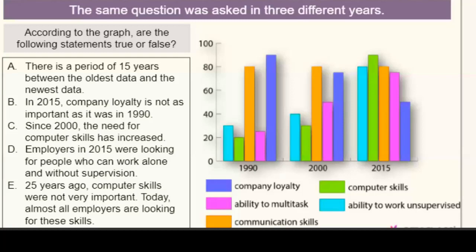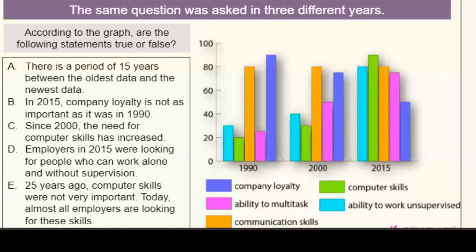About the first statement. It says there is a period of 15 years between the oldest data and the newest data. Is it 15 years between the 1990s and 2015? I think it's more than that. Yeah, exactly. So it's false.